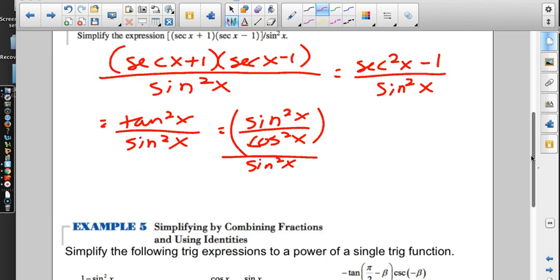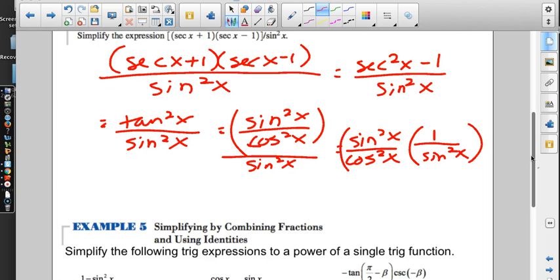Well, we don't divide fractions, we multiply by the reciprocal. Something good happens. We notice sine squared x, gone. 1 over cosine squared x.